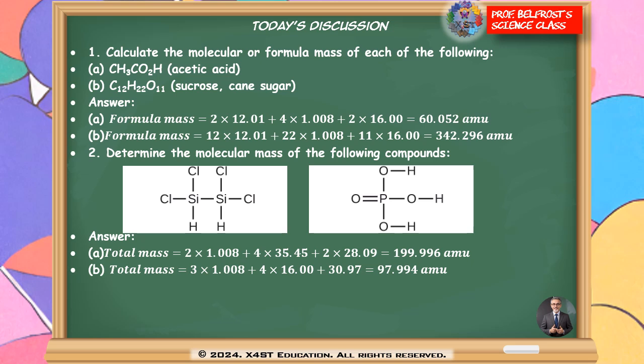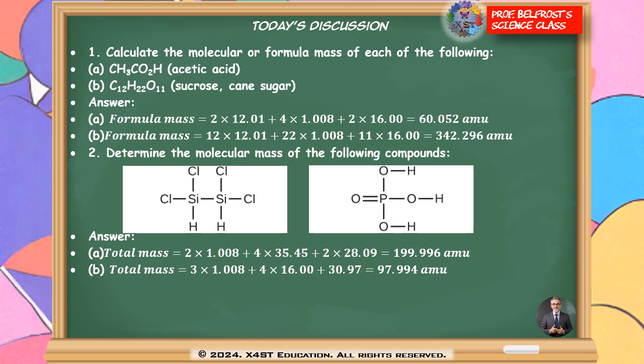Number one, you're asked to calculate the molecular or formula mass of each of the following substances or compounds. The first one is acetic acid, and the second one is sucrose. It's very easy.